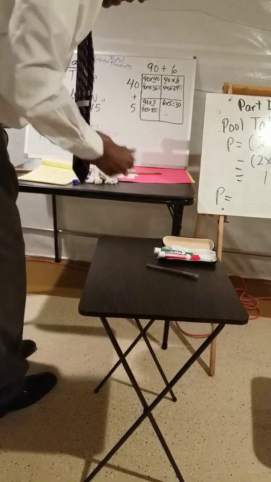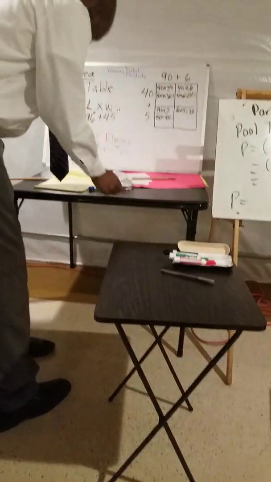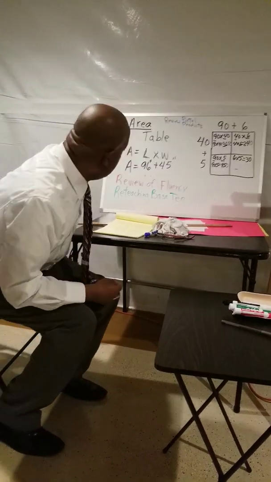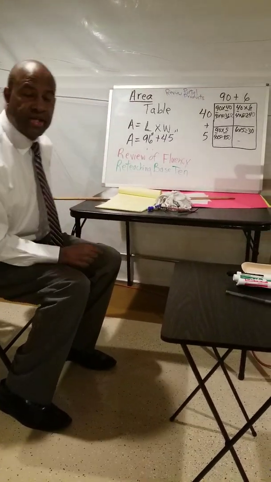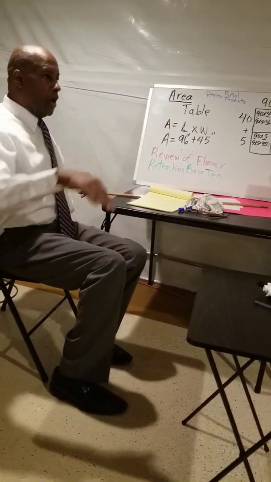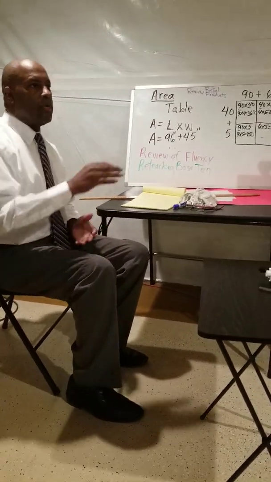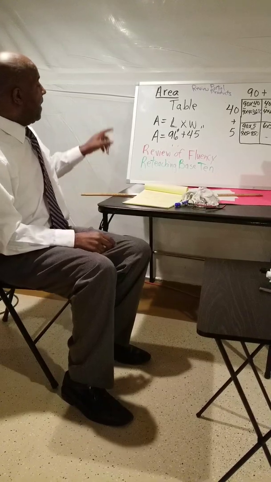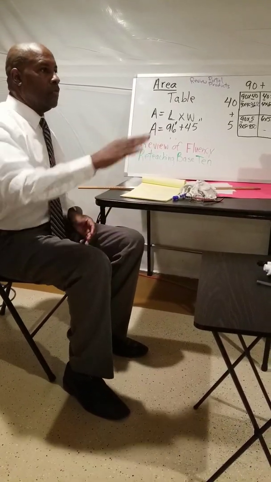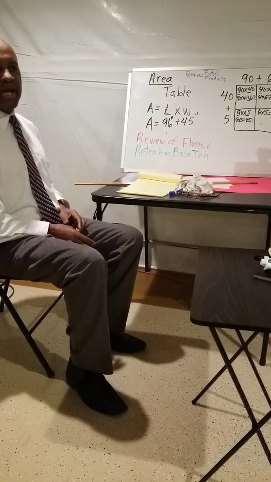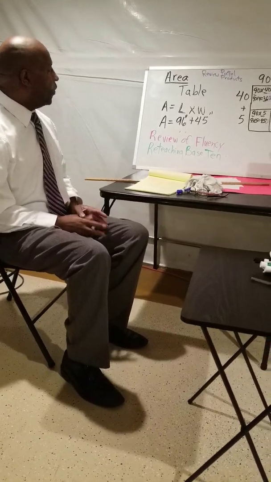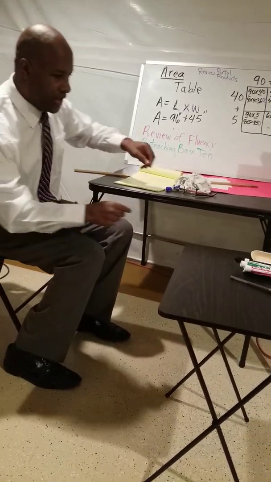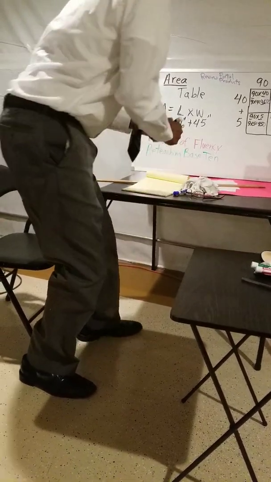Okay, now, so we're talking about the area of the pool table. Now we found out that the perimeter, that's along the edges all the way around for that pool table, was 282 inches. Now we're going to find out what's the surface area, all that inside area for the pool table. Okay.